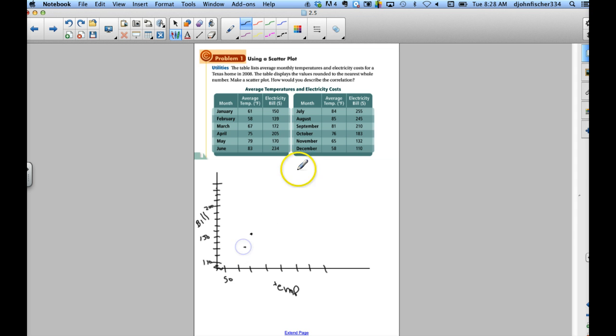Down here, 67 and 172, and I'm estimating a little bit here. 75 and 205. 79 and 170. 83 and 234. 84 and 255.